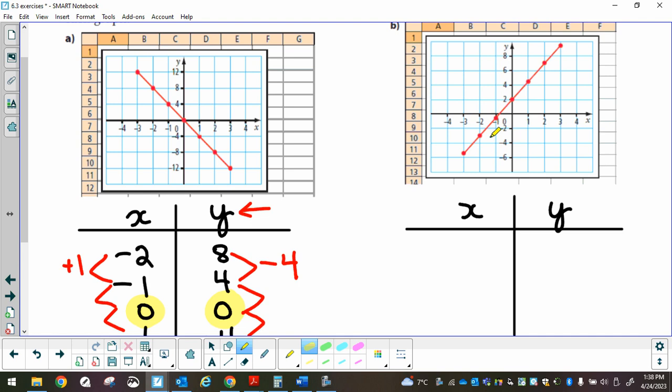I'm going to skip that one because it looks too confusing. Let's try this and see if it works. -2 and -3. We've got 0 and 2. And I've got 2 and 7.